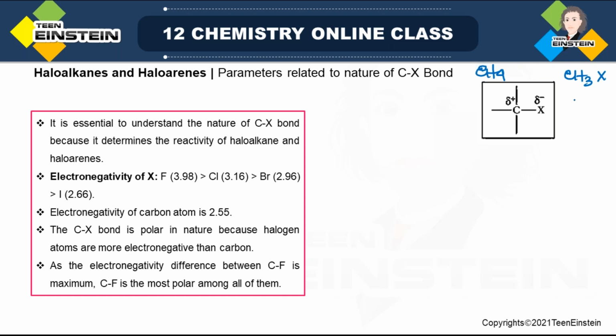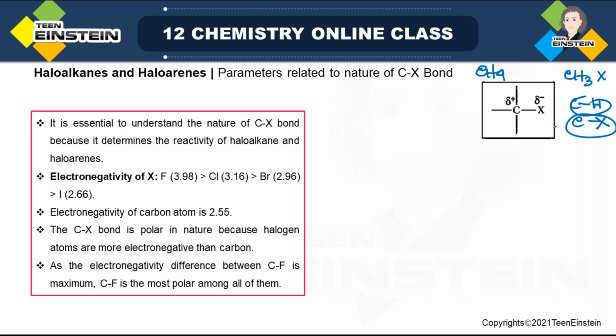Now as you have replaced the C-H bond with a C-X bond, obviously the nature of these 2 bonds is different, because between H and X there is a huge difference in electronegativity. Fine. So as we have changed this C-H bond to C-X, obviously there will be a huge effect on the properties.